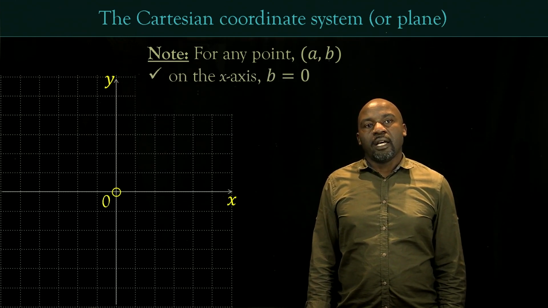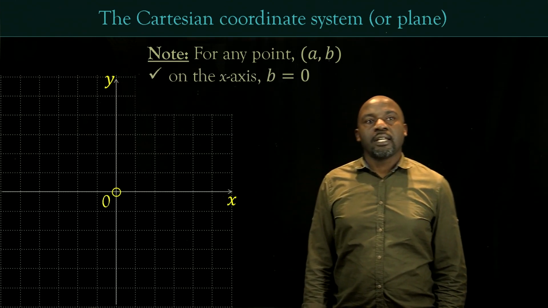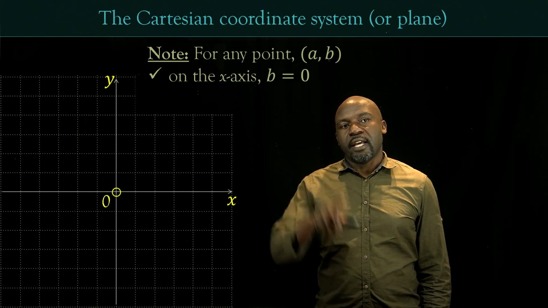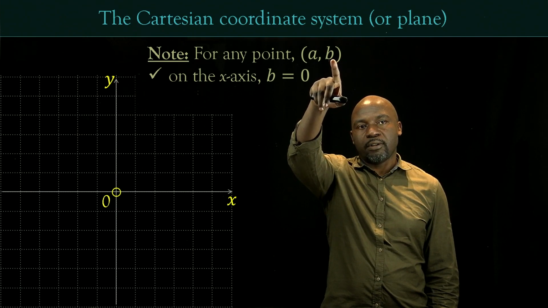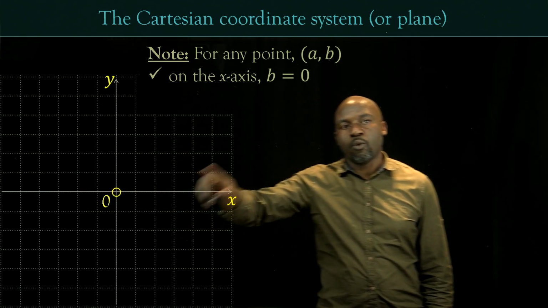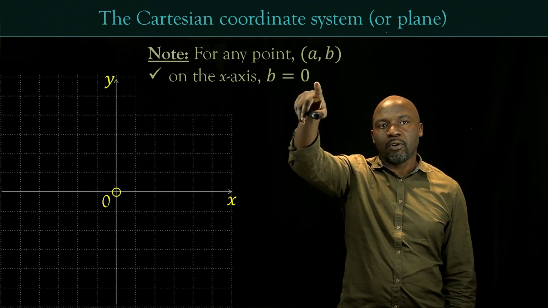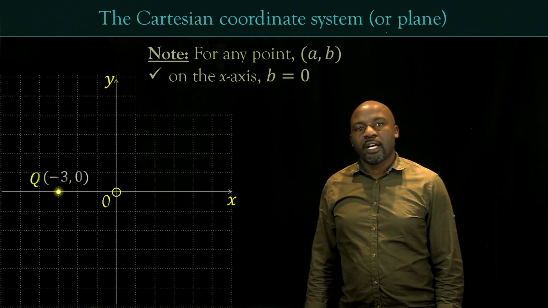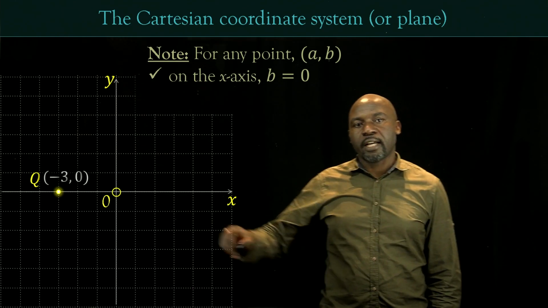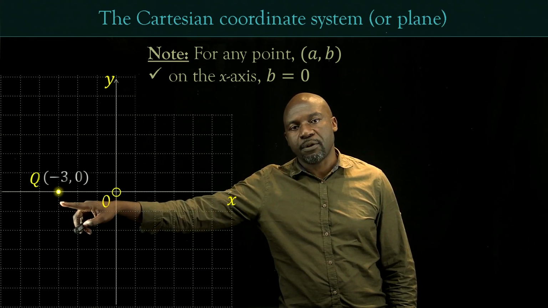Note that if a point has coordinates (A, B) and this point is on the x-axis, then the value of B is always 0. In other words, anywhere on the x-axis, the y value is always 0. For example, that point there has coordinates (-3, 0). Okay, the x-coordinate is -3.